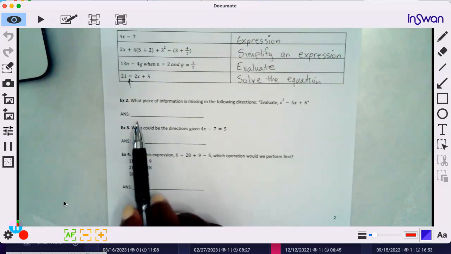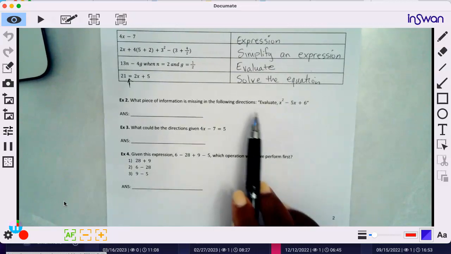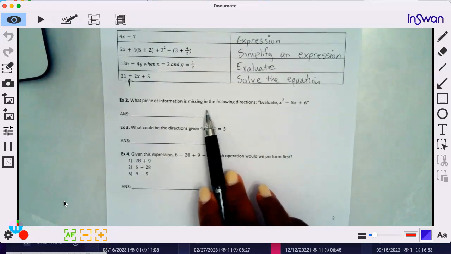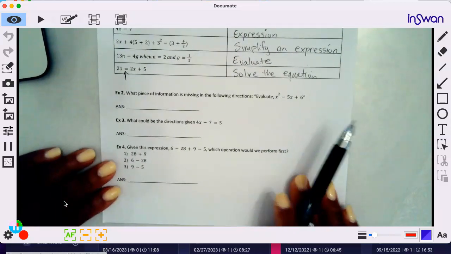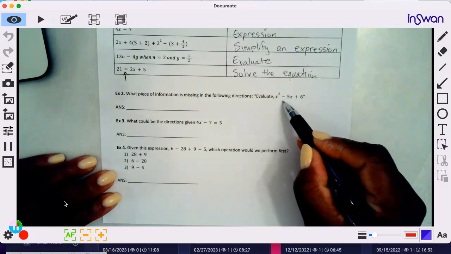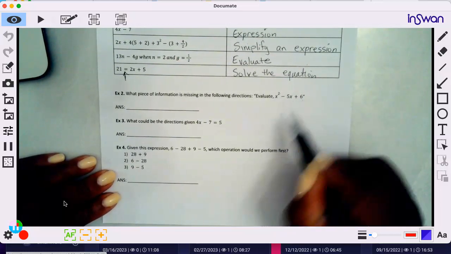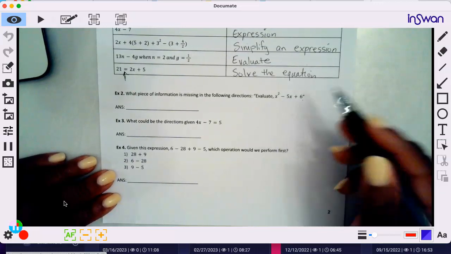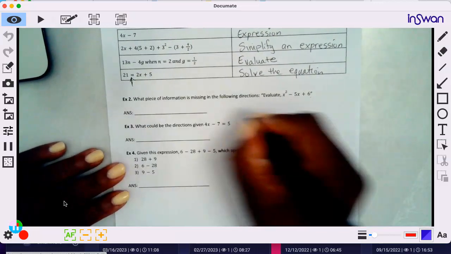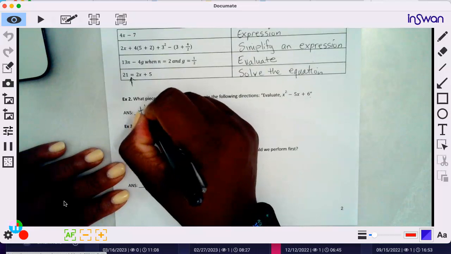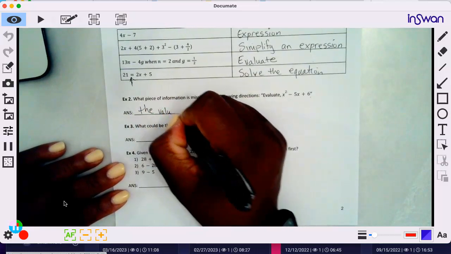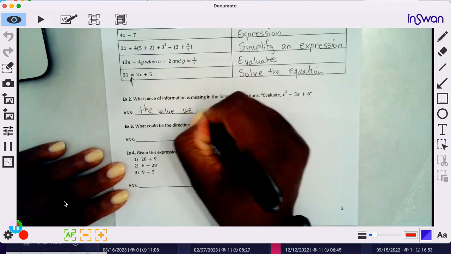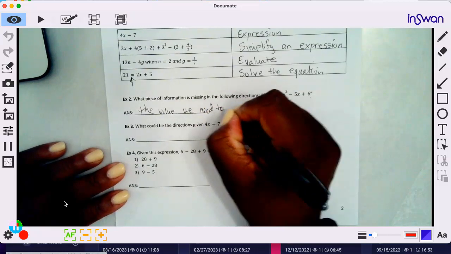Example 2. It says, what piece of information is missing in order to follow the following directions? Evaluate x squared minus 5x plus 6. We are missing what? The value. So the answer is the value we need to plug in.